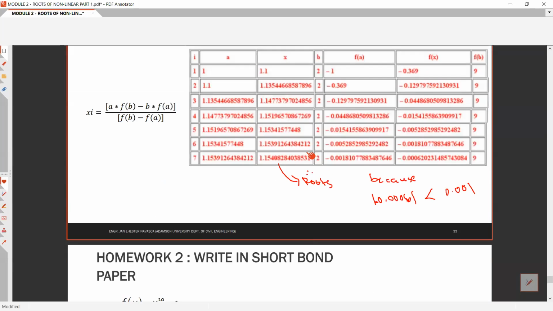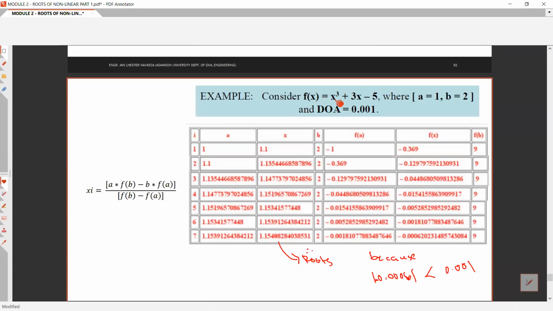So dito sa atin, ano yung conclusion na nakita natin? Na at this function, x cubed plus 3x minus 5, mas mabilis na solve yung roots using regular falsi compared to the bisection method. Kasi hanggang 7th iteration lang, nakuha niya na yung roots. Naging degree of accuracy na 0.001.